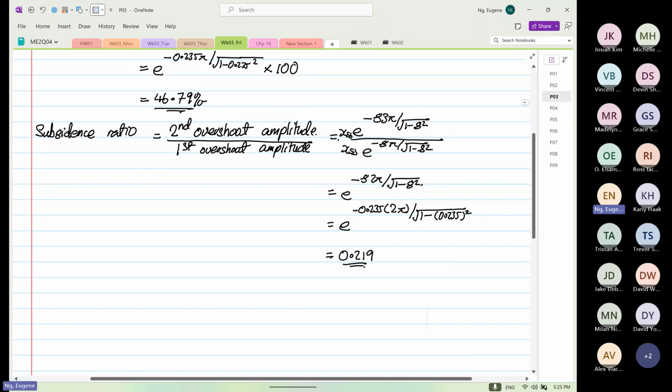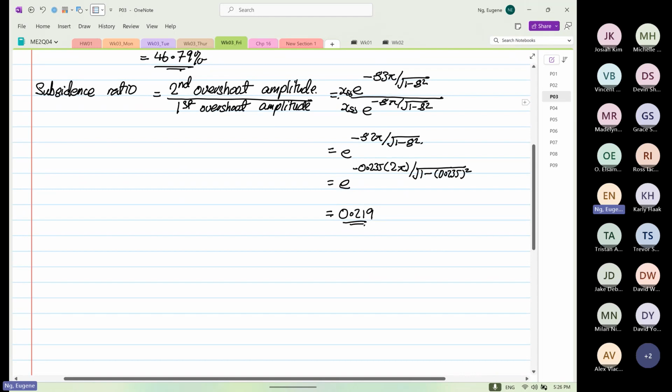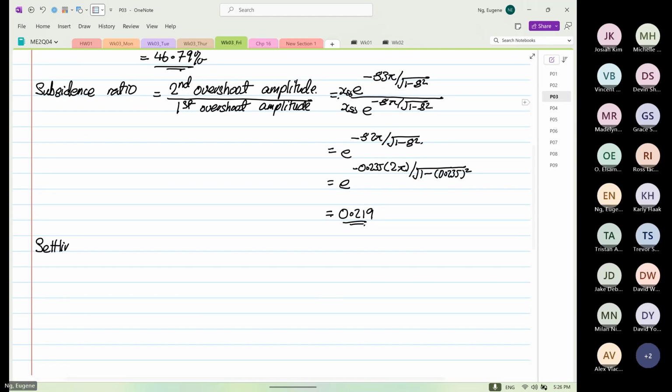And finally, we are going to calculate our settling time. TS, okay, to 2% XSS. Okay, 2%. So for this case, we just need to look at the decay to 2%.